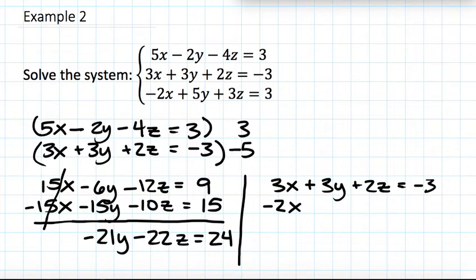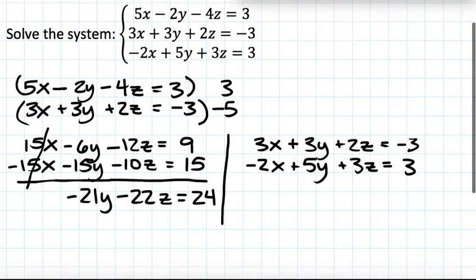Now, since I eliminated x with the first pair, I need to eliminate x with this pair also, so that in my result I have y and z. Otherwise, it's not really going to go together with the other equation very well.